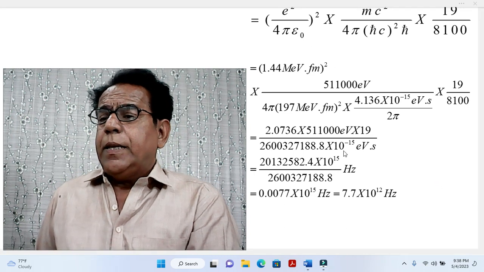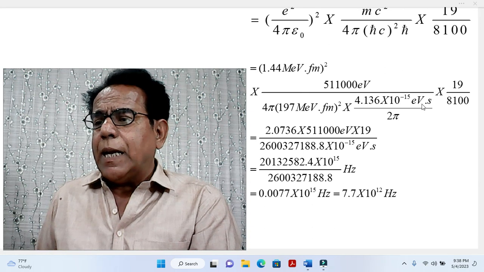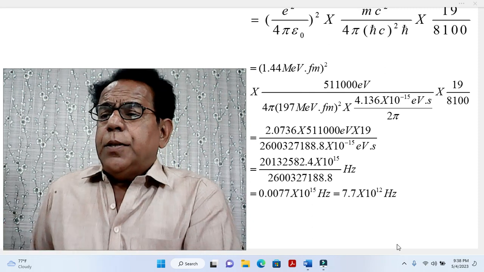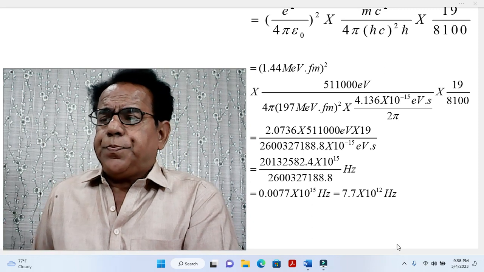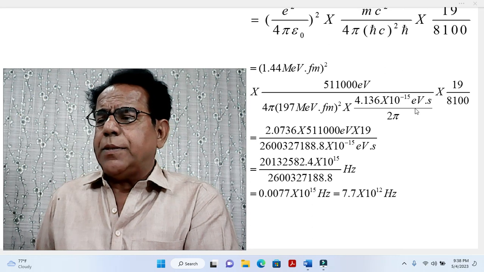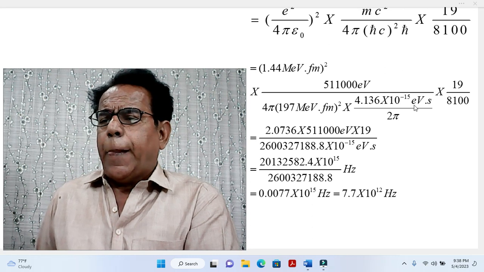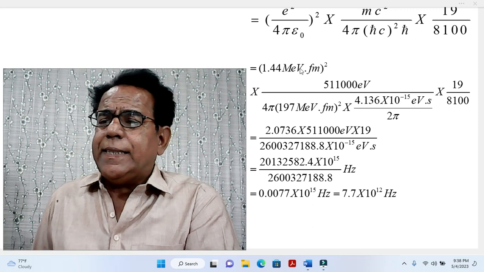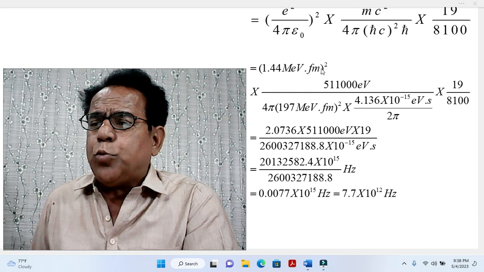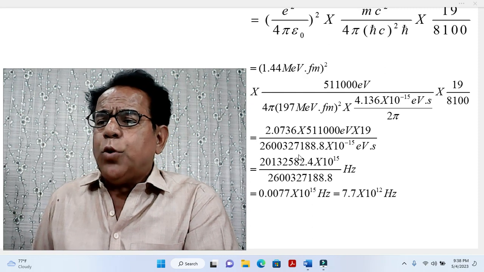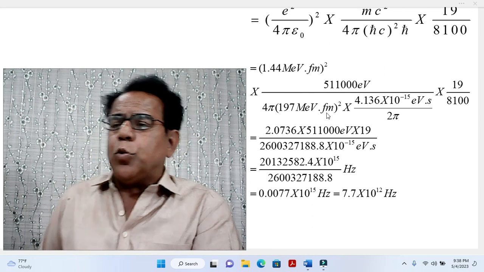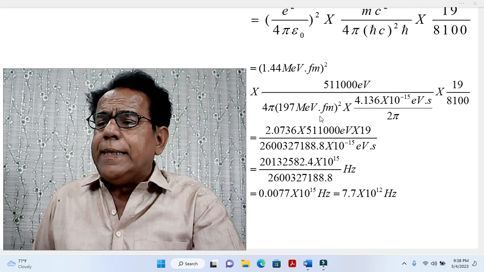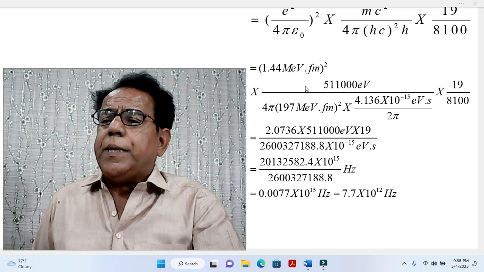In the next step, just simplification, nothing else. Here electron volt will be cancelled with electron volt. This is million electron volt into femtometer square, and this is also million electron volt into femtometer square, in the numerator and in the denominator. These two will also be cancelled.